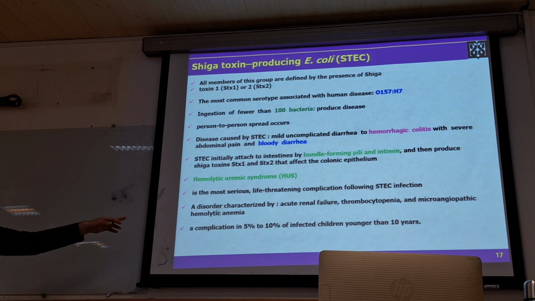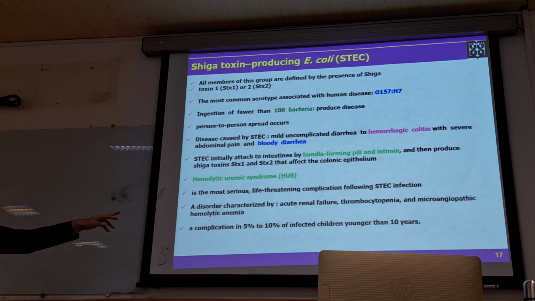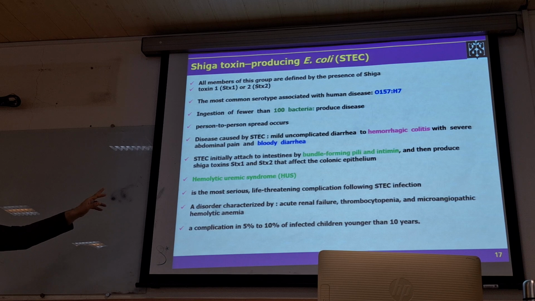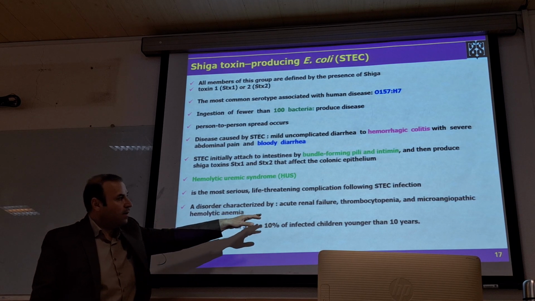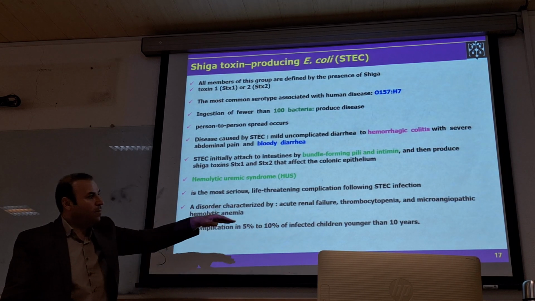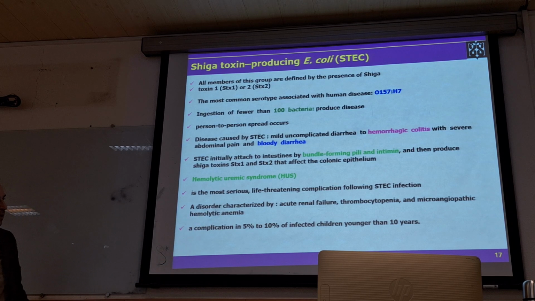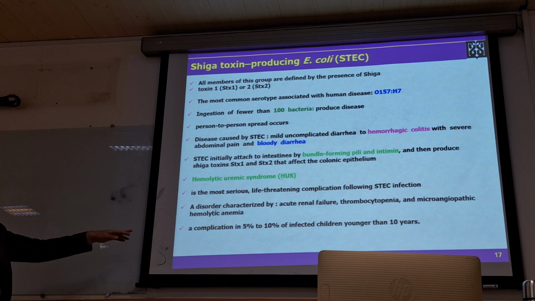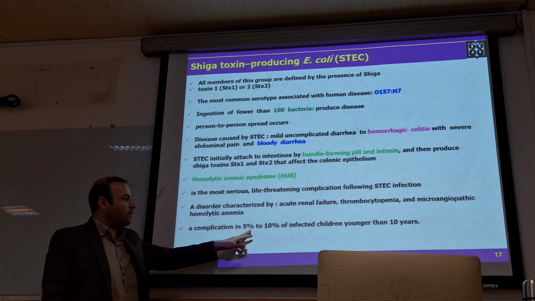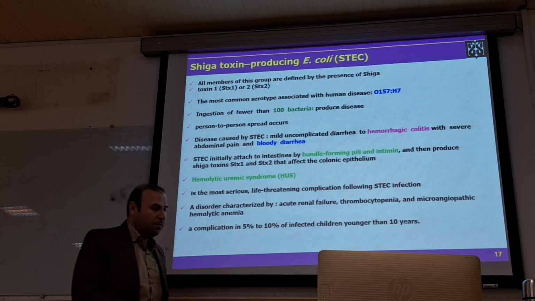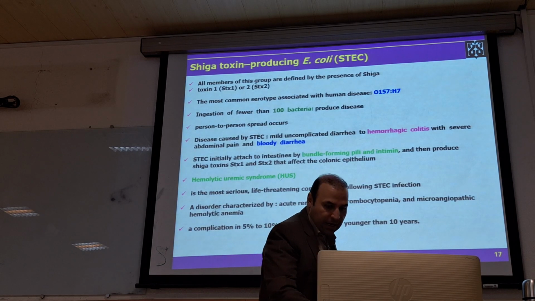This is a disorder characterized by acute renal failure, thrombocytopenia, microangiopathy, and hemolytic anemia. HUS is a complication in 5% to 10% of infected children younger than 10 years.